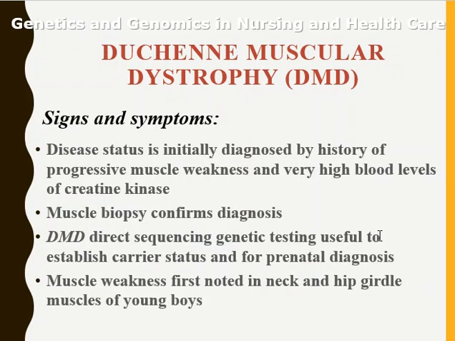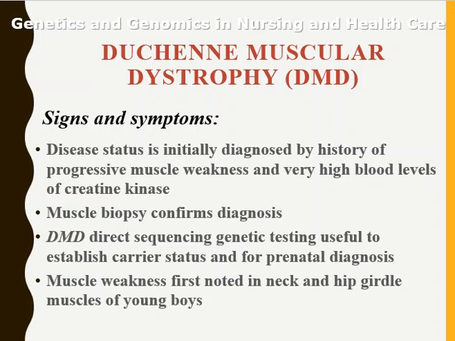Okay, the disease status is initially diagnosed by a history of progressive muscle weakness and very high blood levels of creatine kinase. High blood levels of creatine kinase and also myoglobin occur. Both are usually inside the cell, but when that cell is damaged, those components leak out.